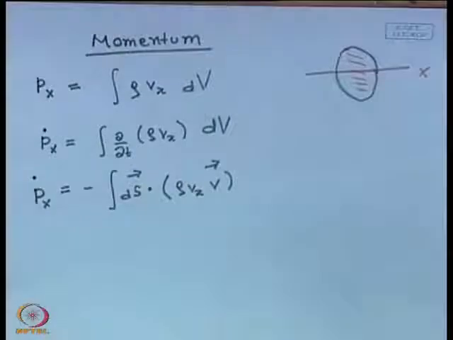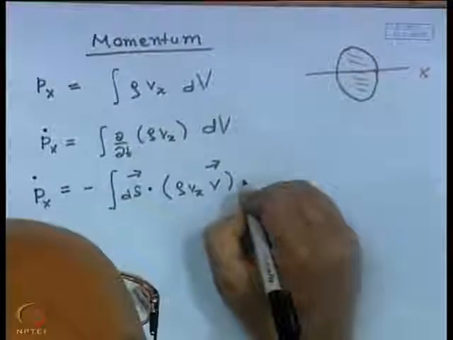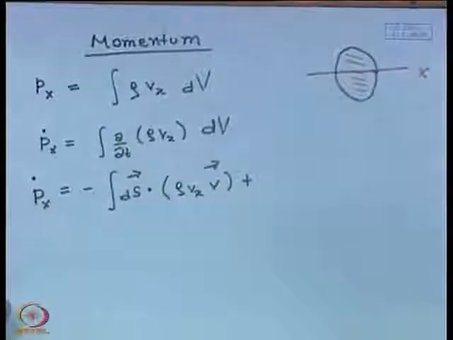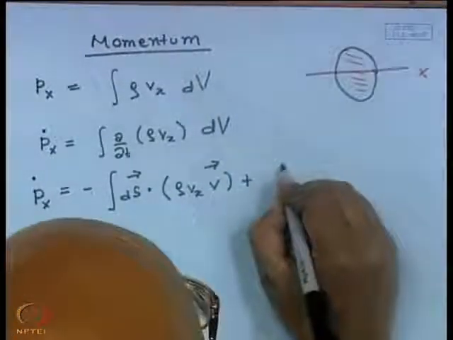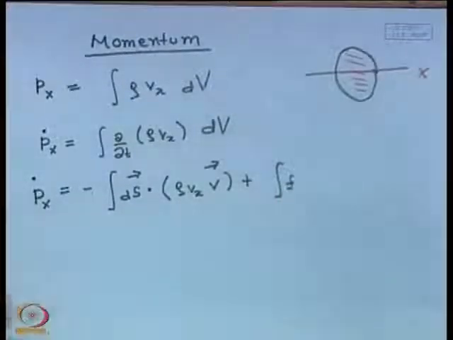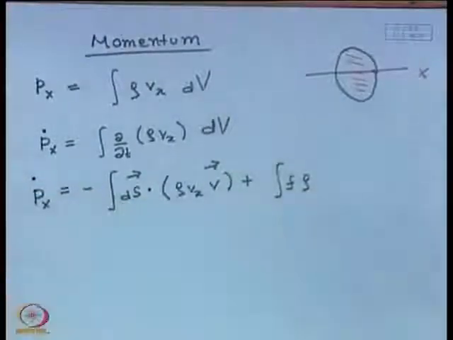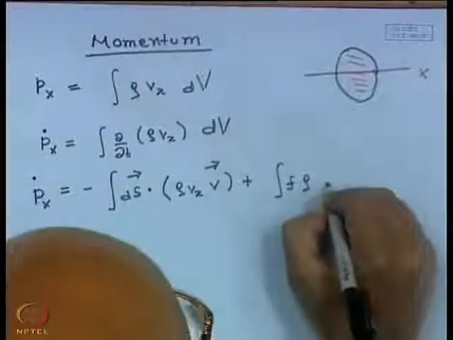So, let us assume that there is a body force and the force per unit mass, we will call it small f. Okay. So, force per unit mass is small f. So, if I want to calculate the total force, the rate of change of momentum will have a term which is plus the total force: the force per unit mass, which I am calling small f, into the mass, which is per unit volume, which is rho, integrated over the entire volume, which is dV.